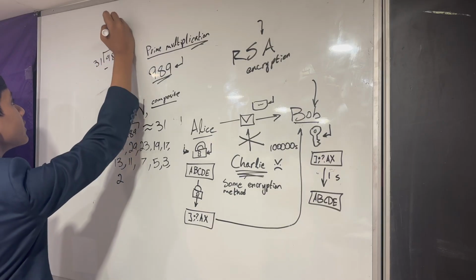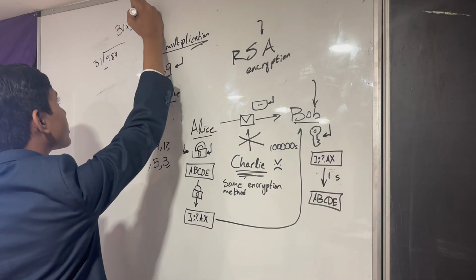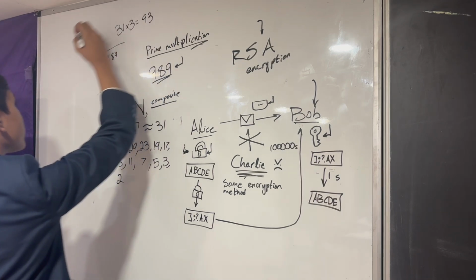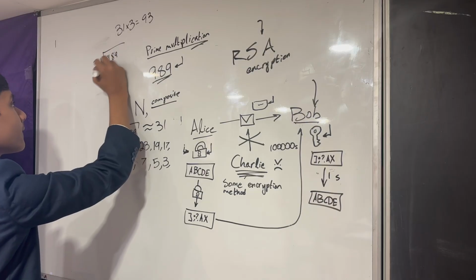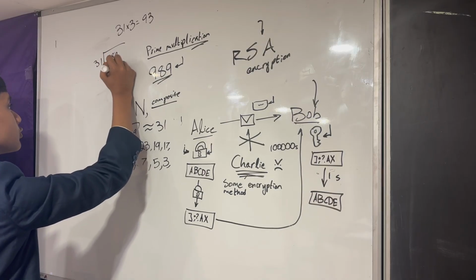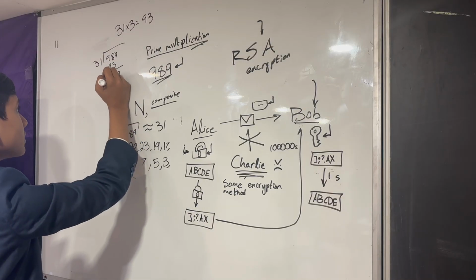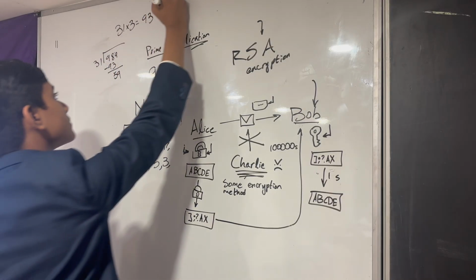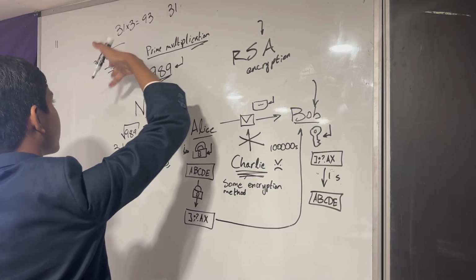Well, step 1, you multiply 31 by 3, which gives you 93. So that's one step so far. Now subtracting is a second step, and you get 59.